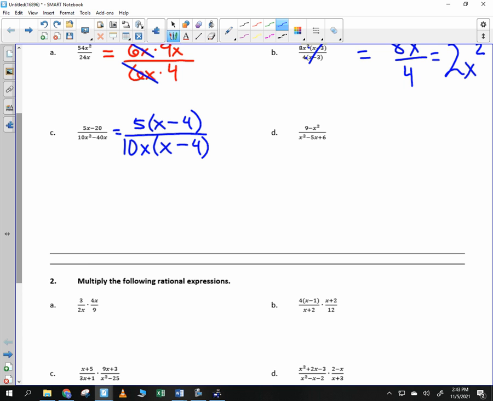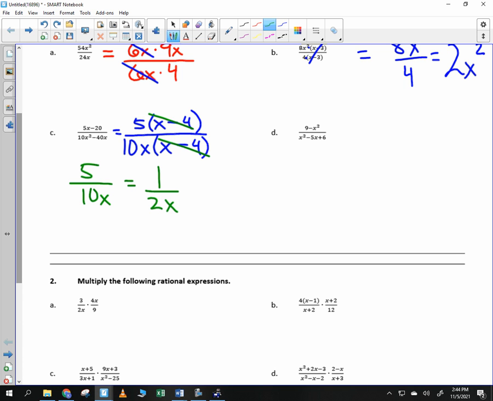Now that it's written in factored form, I can cancel parts. What's going to cancel off? And so we have 5 over 10x. Does 5 over 10x reduce? Yes, it'd be 1 over 2x. Any questions?